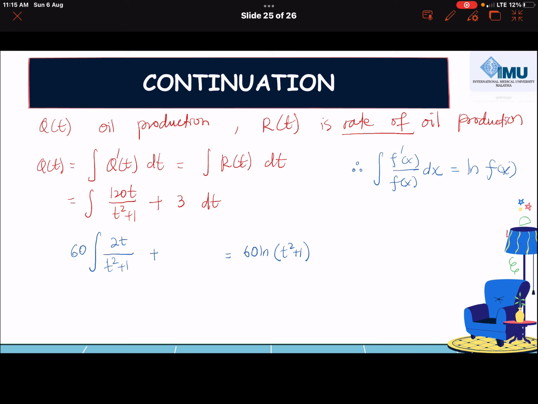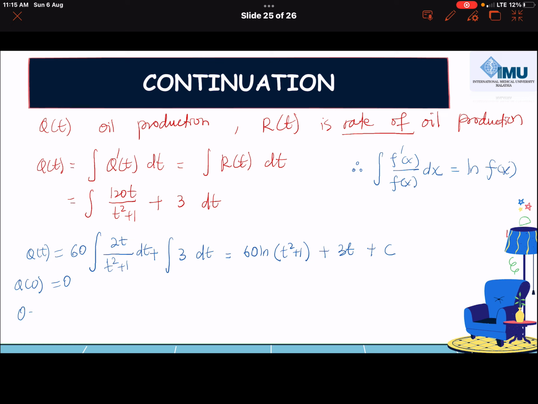Remember, to integrate 3 is just simply, yes, an additional t will be there, it will become plus 3t. Don't forget, since it's the indefinite integral, you have to put plus c at the end. Now, they tell you when t equals 0, your Q equals 0. So substitute the value inside this expression of Q(t) for you to find the arbitrary constant.